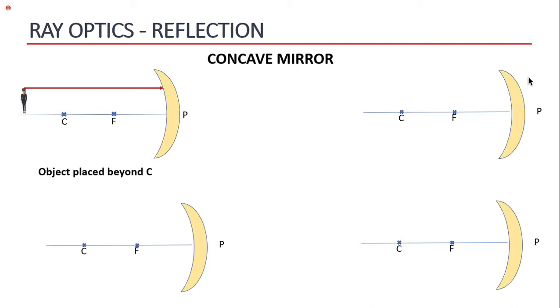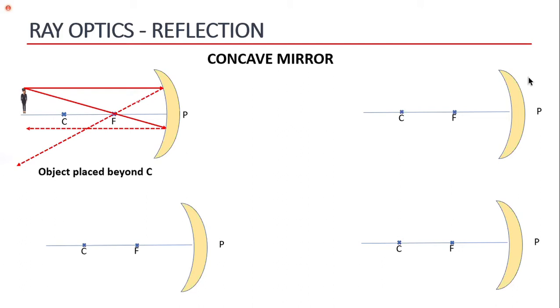The light rays which are coming will be parallel to your principal axis. It's going through the focus, right? Now I have to take another light ray, which is passing through focus. It will go parallel to the principal axis.